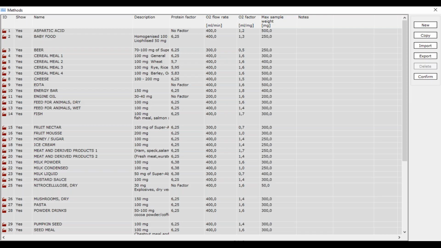And inside this library, you will find for each sample type the recommended sample weight. For example, we recommend 200 milligrams of sample, and the maximum sample weight 300 milligrams. This is in order to avoid this issue.